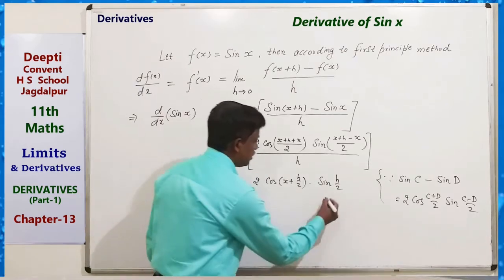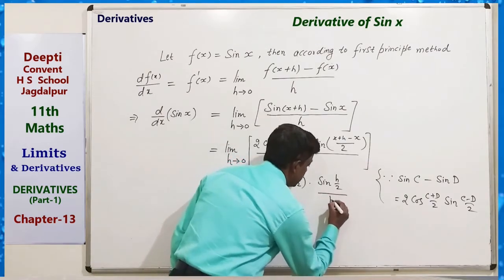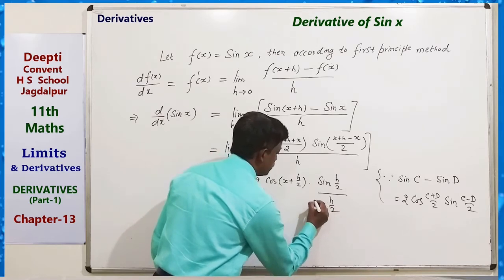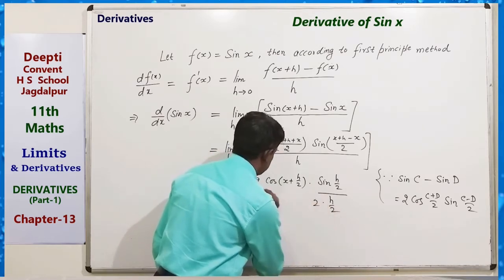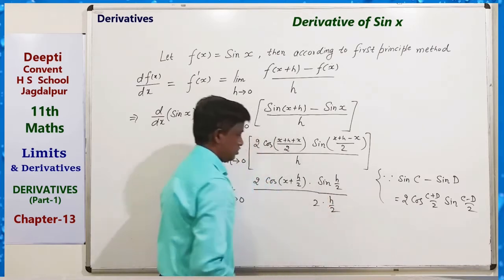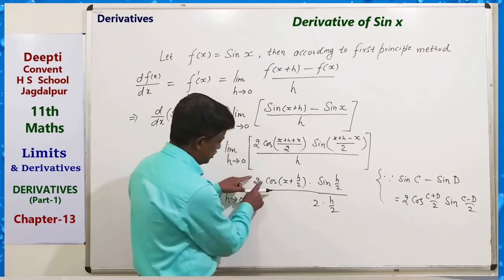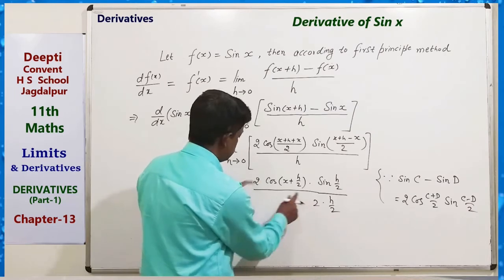So we can write h by 2 into 2 for setting. Now this 2 cancels out.